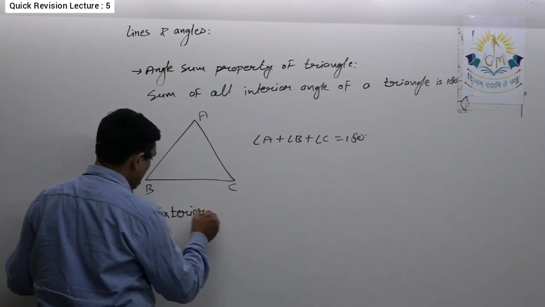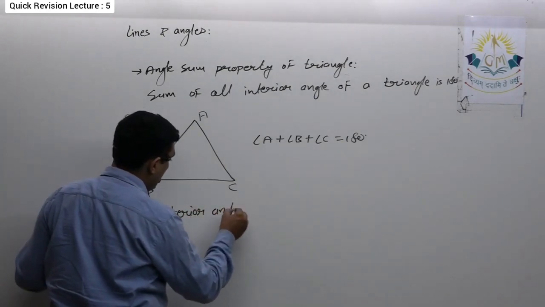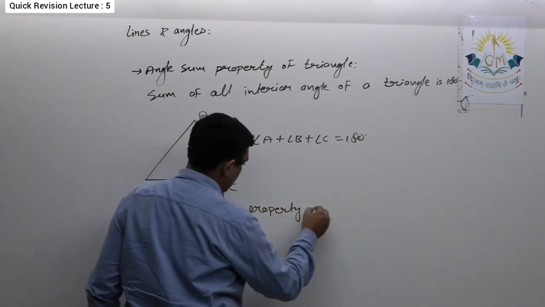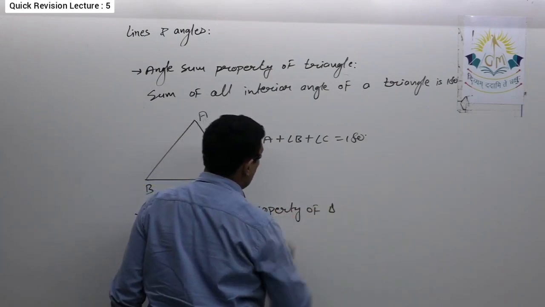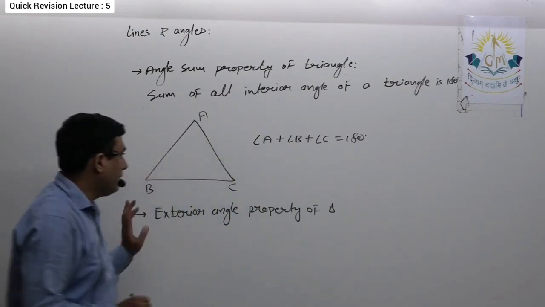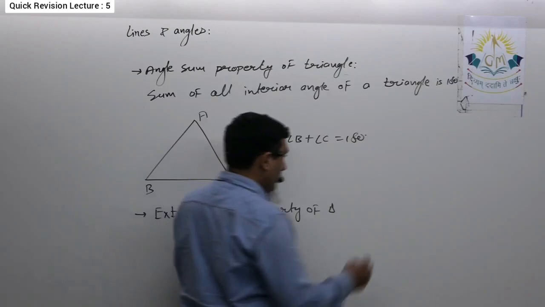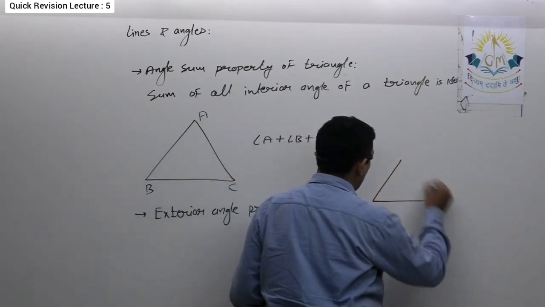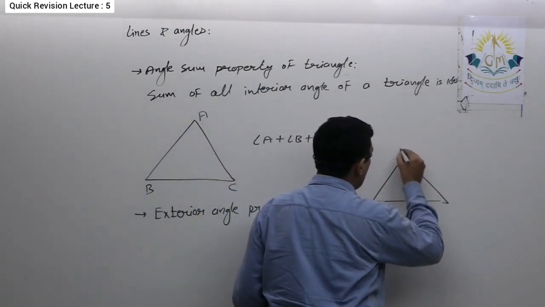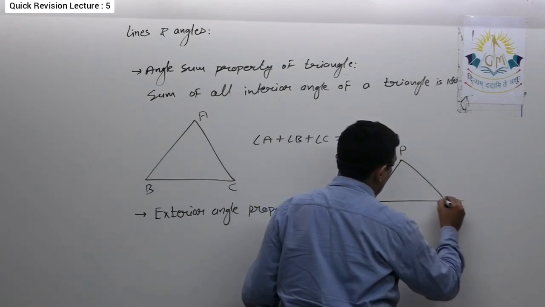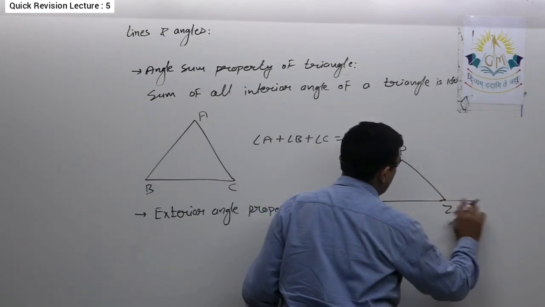Exterior angle property of triangle. Before I come to it, two things we have to understand: what is the exterior angle, and what is the interior angle. Suppose we have a triangle PQZ.